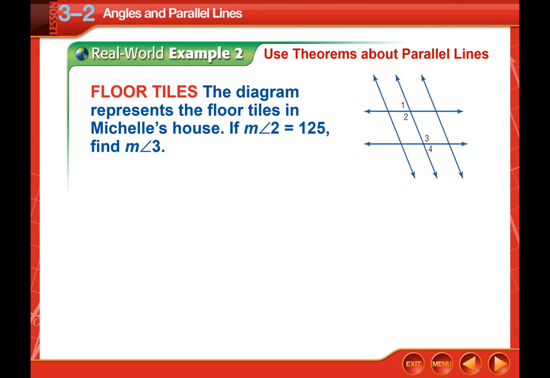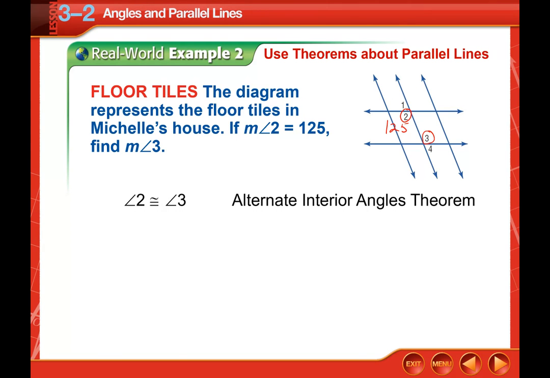Okay, so now we're going to use some theorems about parallel lines. This diagram represents floor tiles in Michelle's house. If we know that angle 2 is 125, we need to find the measure of angle 3. What kind of angles do we have here? Their relationship is that they are alternate angles.